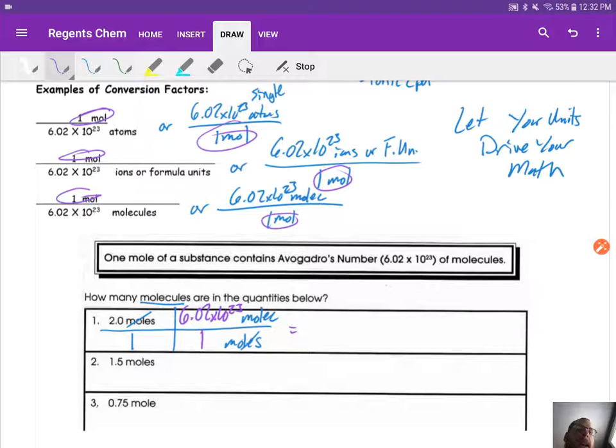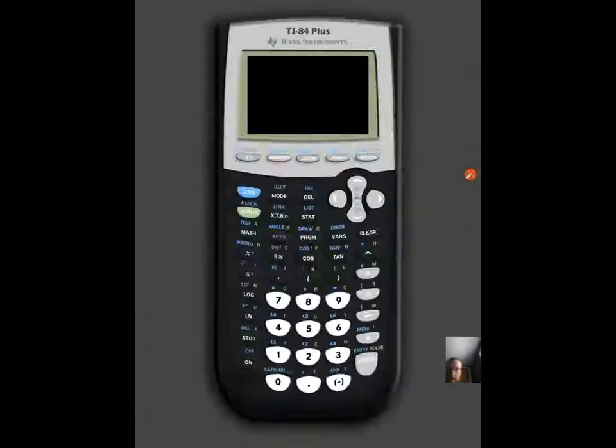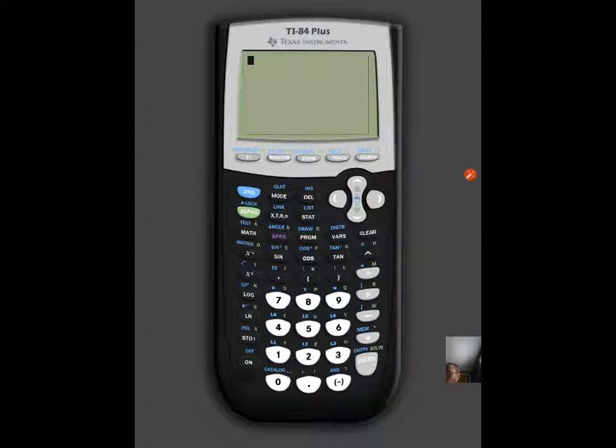Now, how we plug that into our calculator absolutely matters. So follow me as I go over here. We had 2.0 times 6.02. Now remember, when we use scientific notation, we have to make sure we use the second function and then get that E. It's the button right above the number 7.